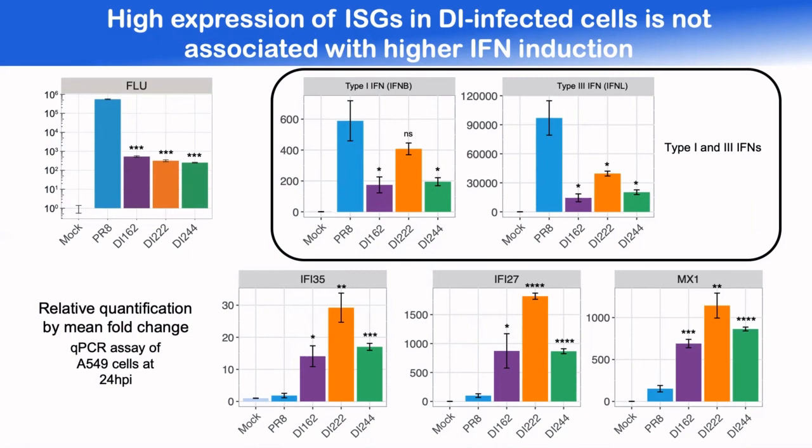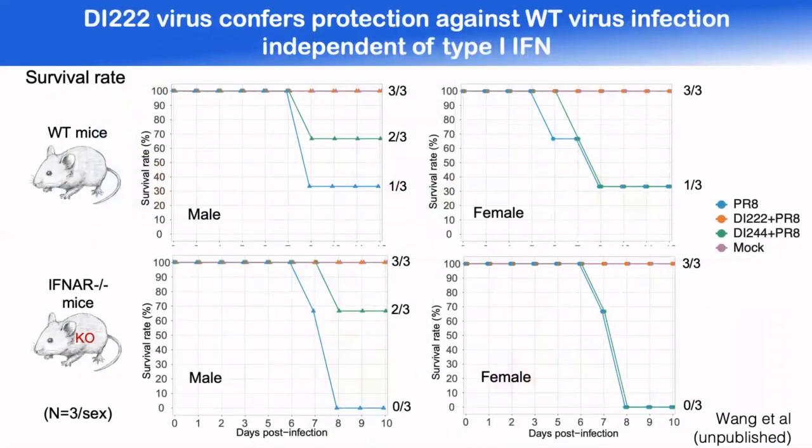So we're doing further experiments using knockout mice, and this is just preliminary, where we took a mouse with a knockout of one of these receptors, the interferon 1. What we saw is the effect of the DIs, which would be the line on top that looks at survival post-infection.